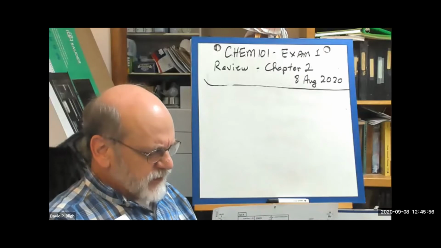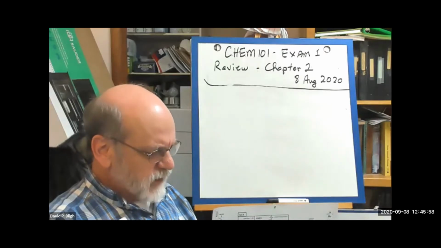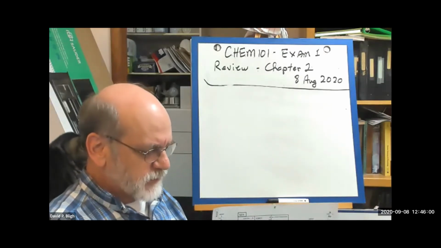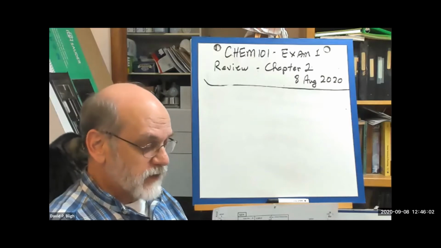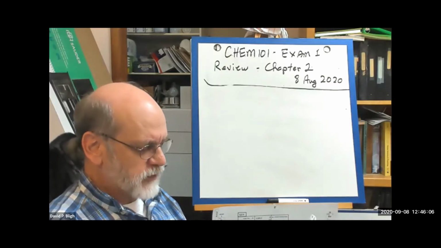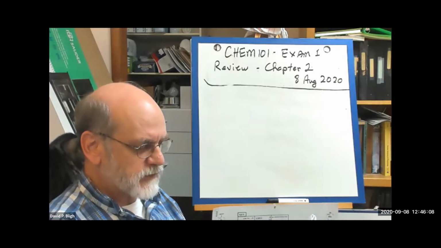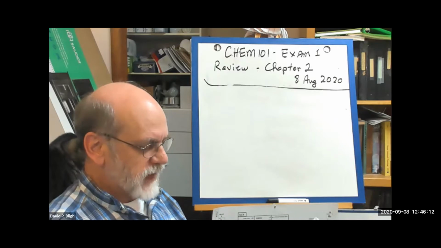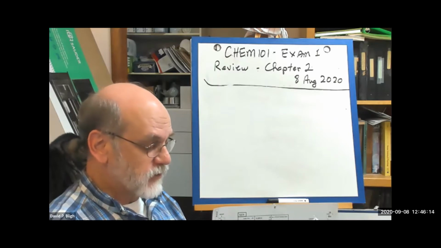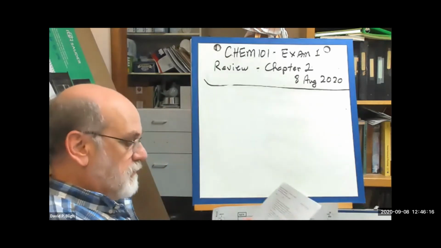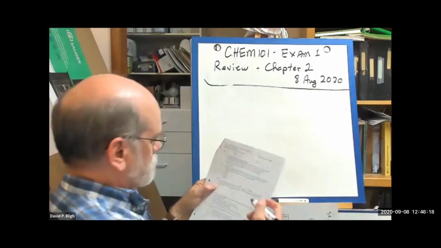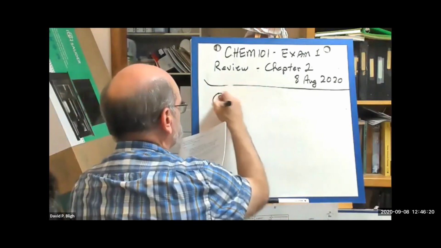Okay, let's see. Does 8 give us anything we need to know? Consider the following 2 compounds, H2O and H2O2. According to the law of multiple proportions, the ratio of hydrogen atoms per gram of oxygen in H2O2 to hydrogen atoms per gram of oxygen in H2O is, oh, okay. Well, let's do it.